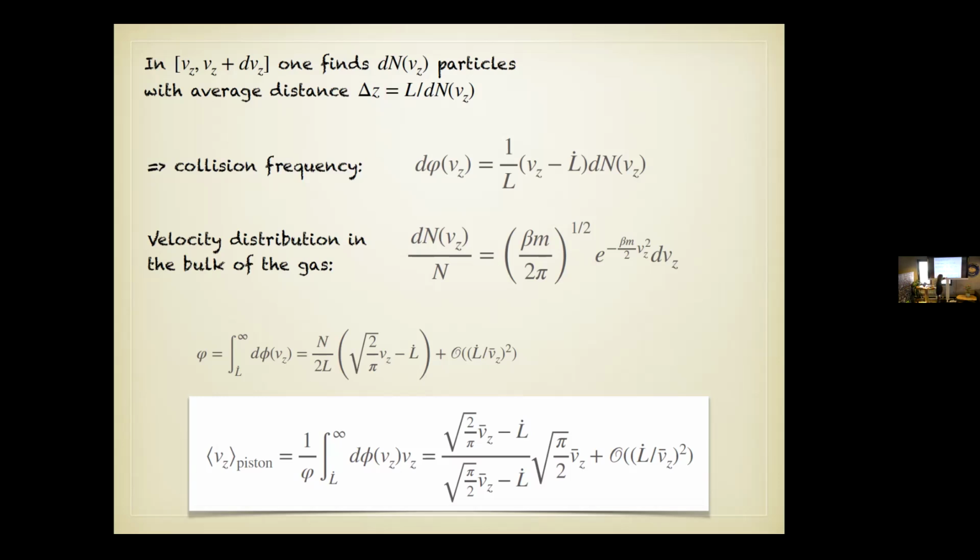The integrals can be explicitly performed. And I already did some approximations here to throw away some terms which are of second order in L dot divided by the bar, the average z velocity of the gas.